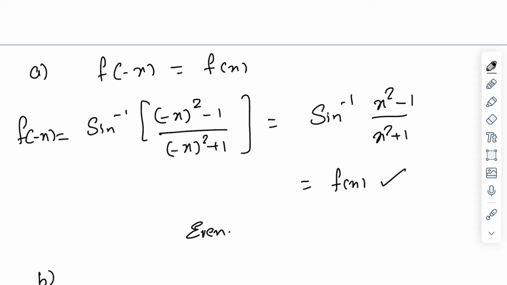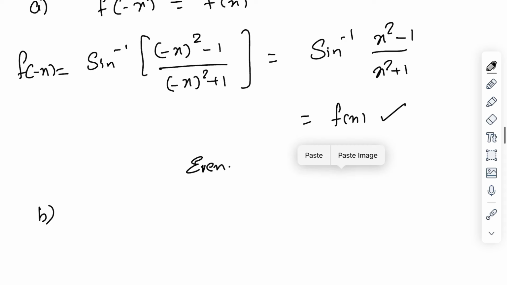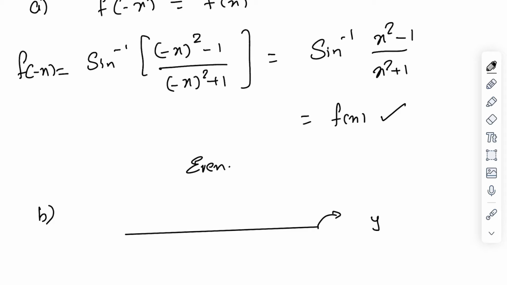Coming to part B. By considering the limit, show that the graph of f of x has a horizontal asymptote. A horizontal asymptote means the line should have y equals some constant, with a gradient equal to 0.